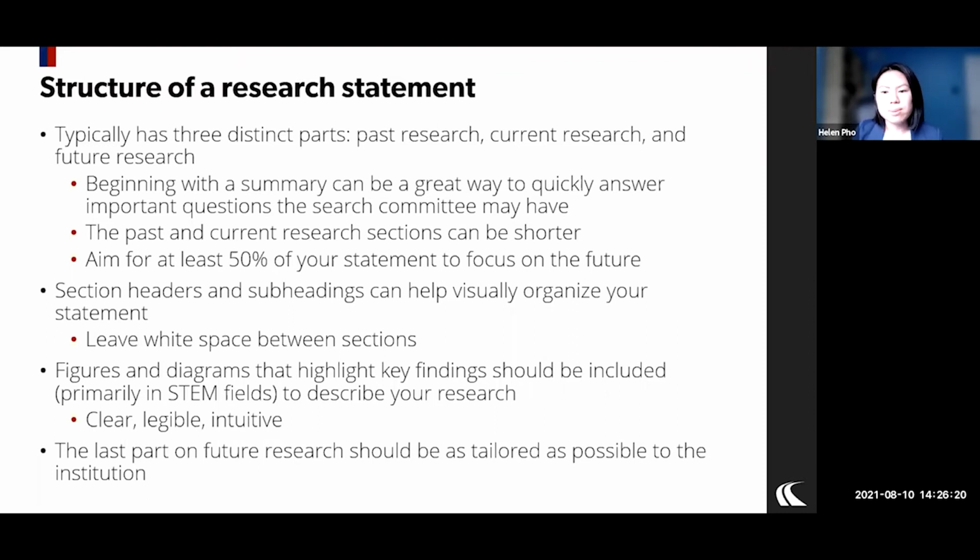So I would keep the cover letter research at a big picture level with some details, but know that you can go into a lot greater detail in the research statement itself.